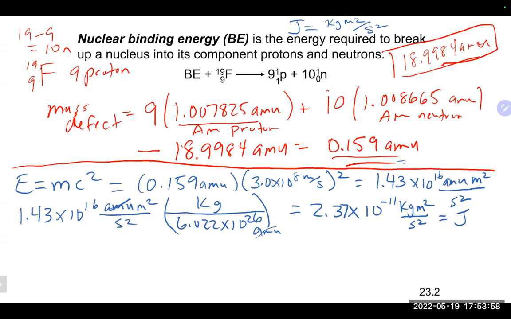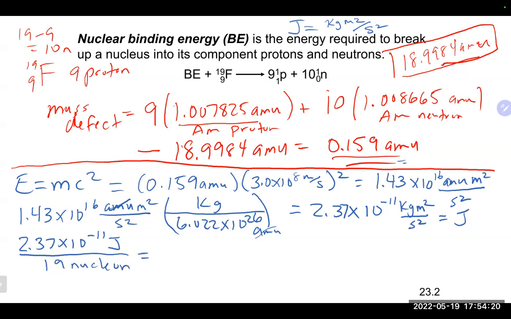Now, a lot of times, the way that we present binding energy is binding energy per nucleon, which means we would take this number, 2.37 times 10 to the minus 11 joules, and divide it by our nucleon, which is basically our mass number.